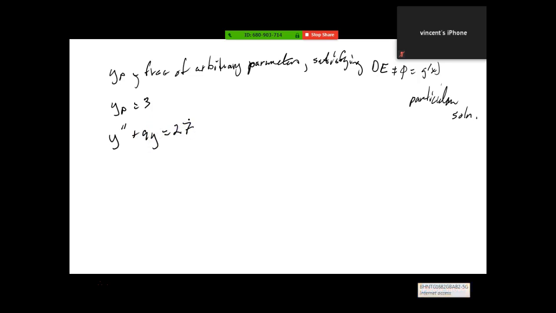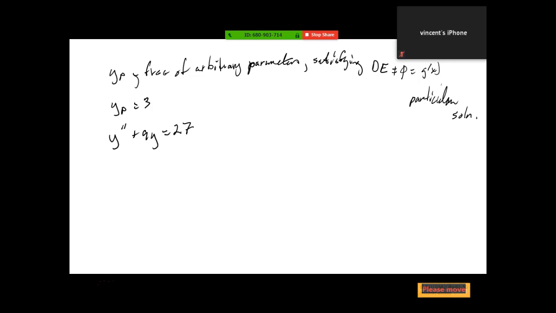Not homogeneous anymore, okay? Now, we're only worried about how you satisfy that 27. Remember when we did the other things with the arbitrary coefficients, those independent solutions, they were all making it equal to 0. Well, the particular solution makes it equal to 27.